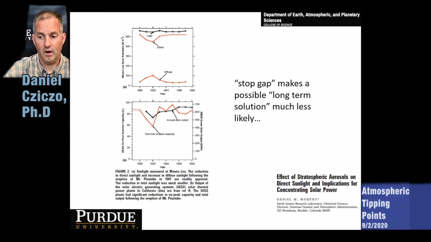And so a consequence of trying to reduce temperature by putting particles into the atmosphere is that you actually break down one of the mechanisms, one of the things that you're trying to generate energy from, solar energy production. So you're more reliant in this case on energy production by fossil fuels. You thereby perhaps increase the combustion of fossil fuels and offset some of the good that you're trying to do by dropping the temperature.